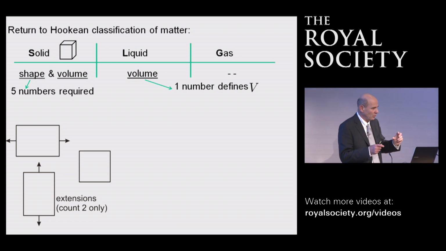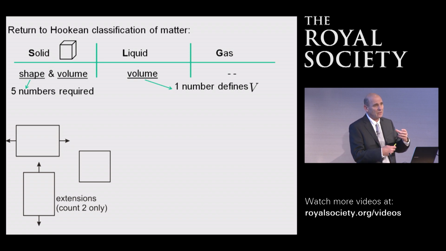And the nub of this story, let me press to the punchline, is when something goes from liquid to solid, we normally think of it just freezing, and that's it. But if it's something rather subtle with 5 numbers defining its shape, then it's possible that actually some of it freezes, some of these numbers freeze immediately and others don't. And so we can have something that is both a liquid and a solid at the same time.